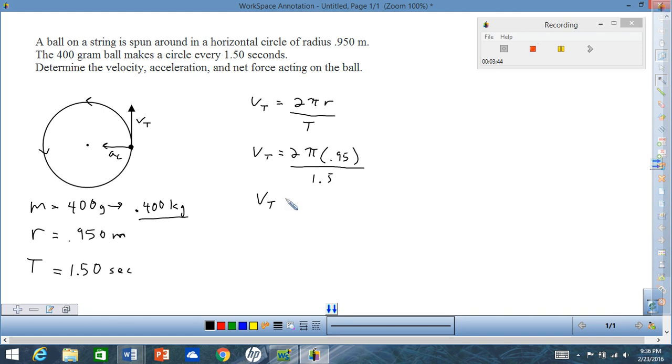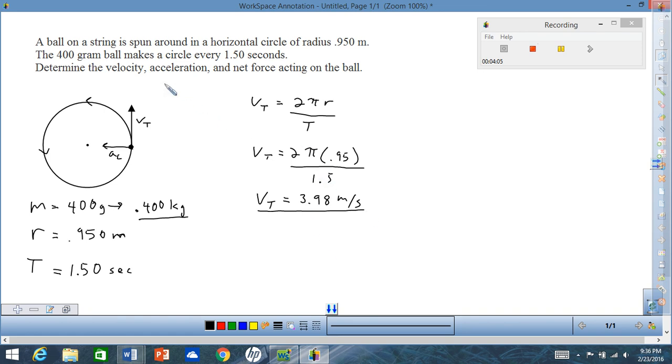Get your handy calculator out and punch those numbers, and I get something around 3.98. That is a rounded number, and the units, since it's a speed, are meters per second.